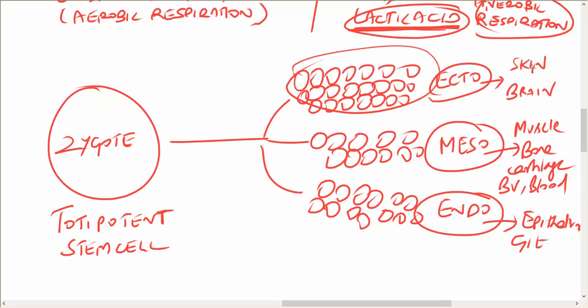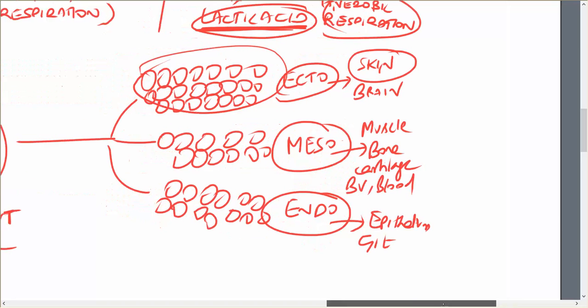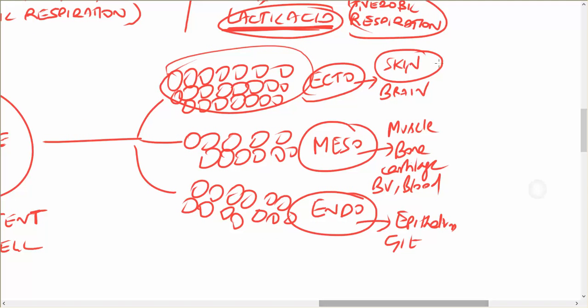Skin contains epithelium, which contains cells.